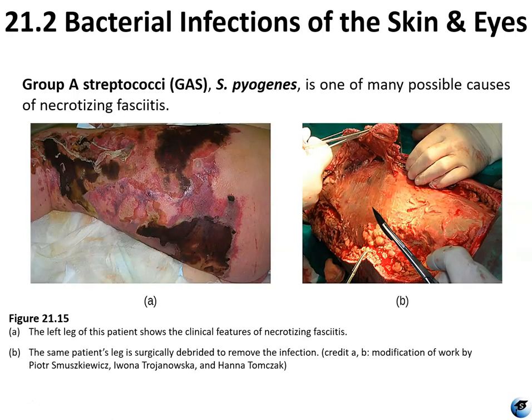Streptococcus pyogenes can also be the causative agent of necrotizing fasciitis. So this figure 21.15 is showing a patient that has a pretty advanced case of necrotizing fasciitis, and this is the same patient, what they have to do is they have to surgically remove that skin.